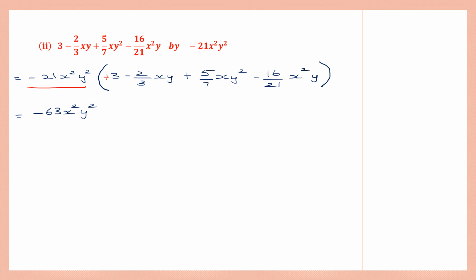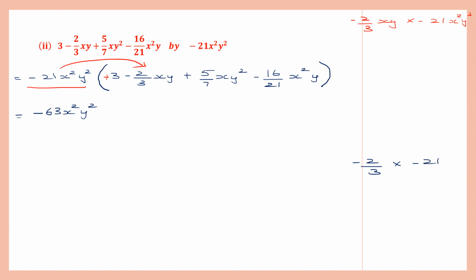Now we are going to multiply this into the second term, which is minus 2 by 3 xy. So let's work that out here. Minus 2 by 3 xy into minus 21 x square y square. Okay, so you can multiply either way. Now, first thing we do is take the numerical coefficients, that is minus 2 by 3 into minus 21.